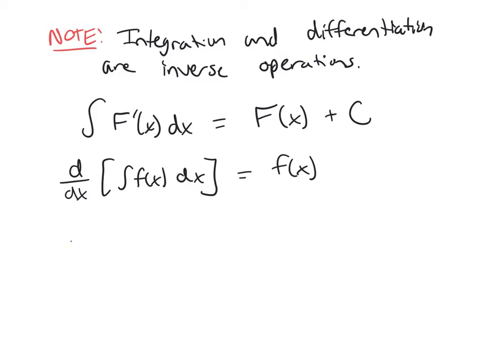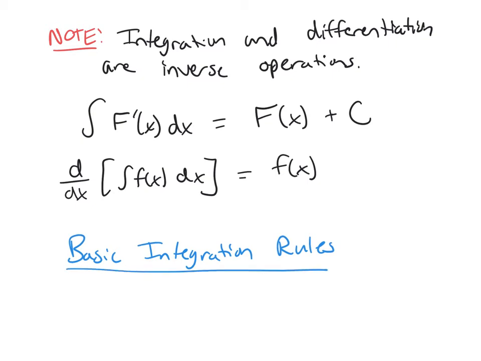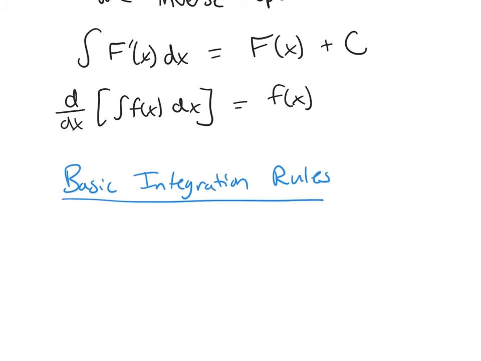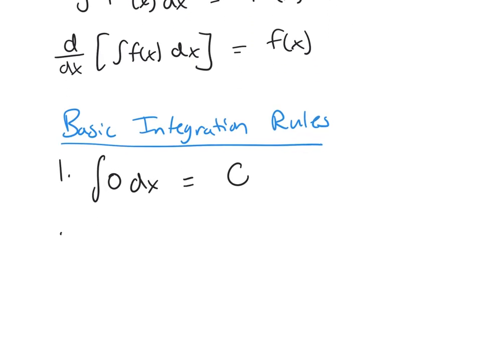So now I want to talk about some basic integration rules. So there are going to be several of these, and we're just going to work our way through the list. The integral of 0 is just c. Constant functions have derivative 0. If I integrate a constant like k, I get back kx plus c.